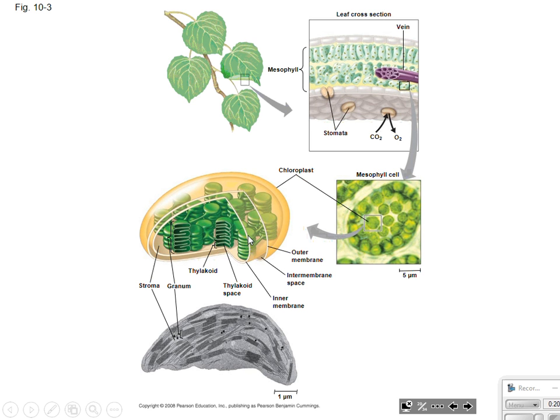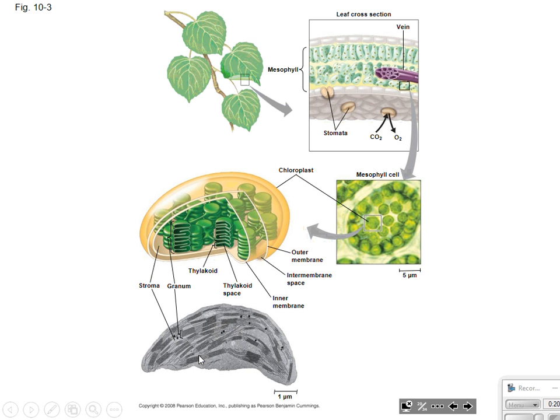Okay? Now, right here is an actual electron microscope view of a chloroplast. Now you see these little dark areas right here? Those are the stacked thylakoids. So these dark patches in here are different grana.